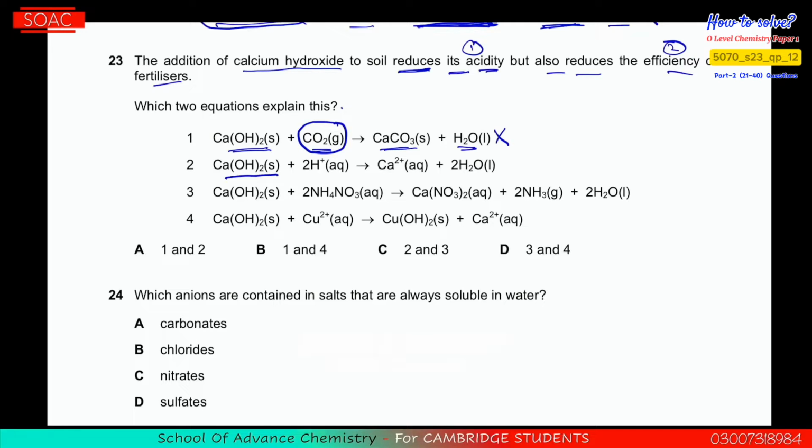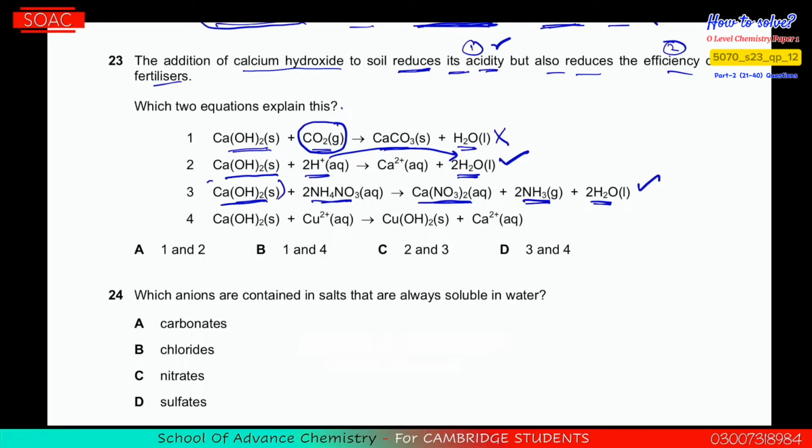Calcium hydroxide reacts with acid, H positive ions, to make water. This H+ is being neutralized. Yes, it is true. In this way, calcium hydroxide reduces the acidity of the soil. The second one, when calcium hydroxide and ammonium nitrate react, it makes calcium nitrate, ammonia gas, and H2O. Yes, it is also correct.